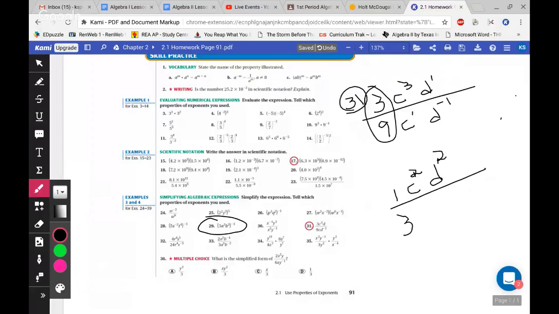Did that make sense? Because that's 1 minus minus 1. So your final answer is C squared D squared all over 3.